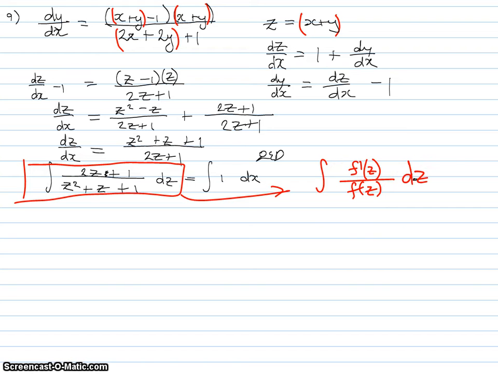And we know how to do this. You can check this if you like: if I differentiate z squared plus z plus 1, I get 2z plus 1, which is that top line. From chapter 6, I know that this is going to be ln of f of z plus a constant. So let's do this. We get, on the left-hand side, ln of (z squared plus z plus 1) is equal to x plus c.